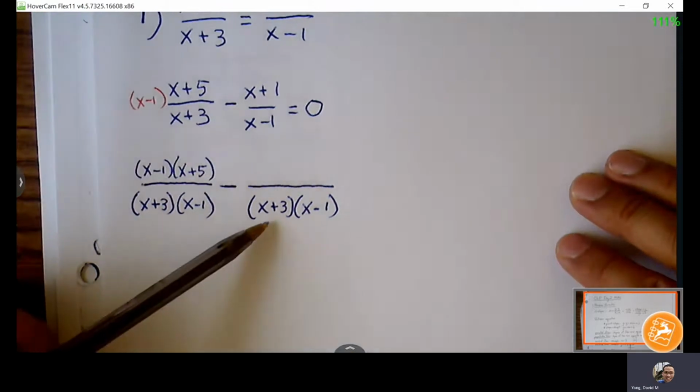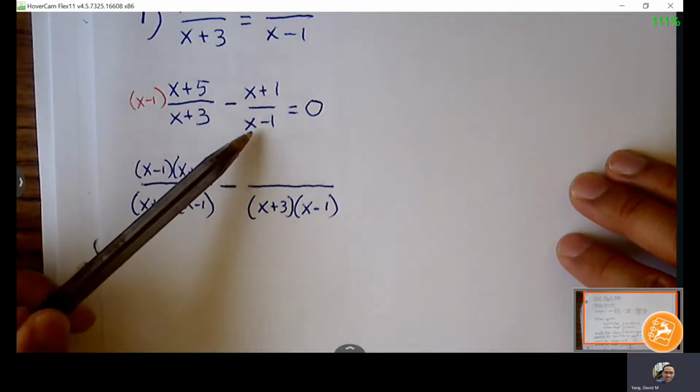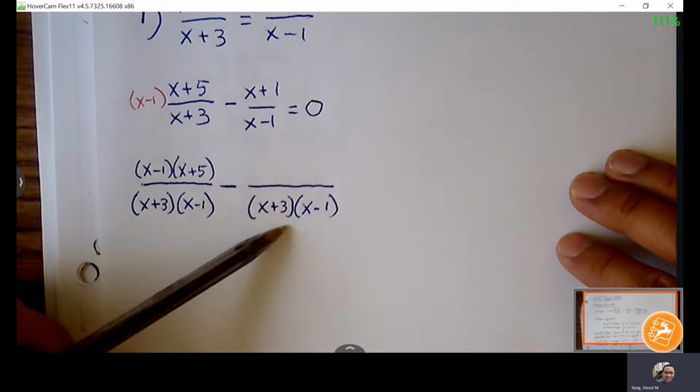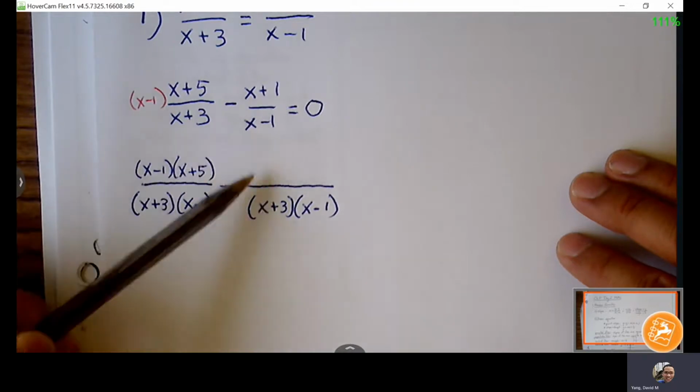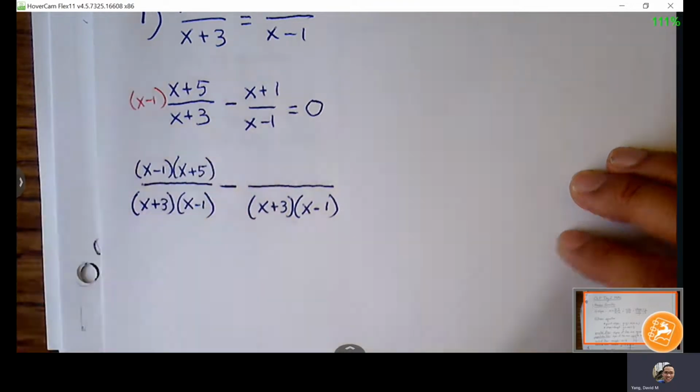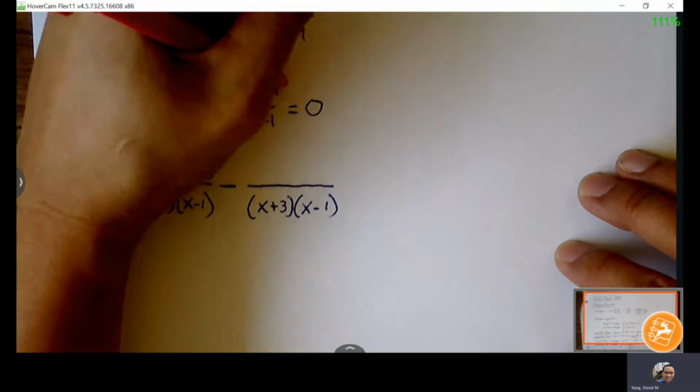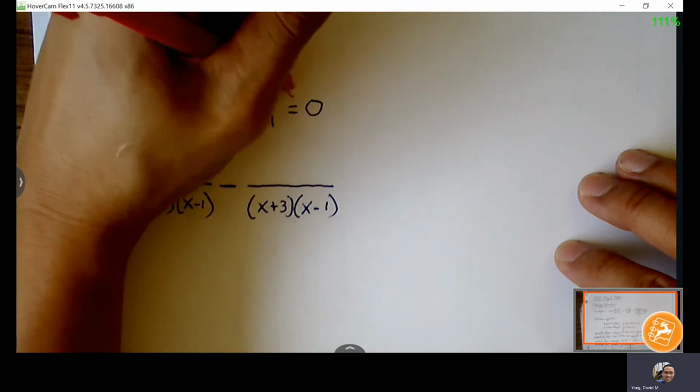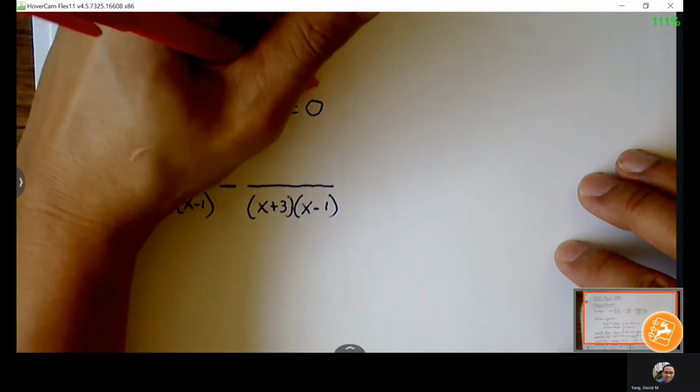My second fraction, between my old denominator and my new denominator, is missing an x plus 3. So I need to balance this numerator with x plus 3.